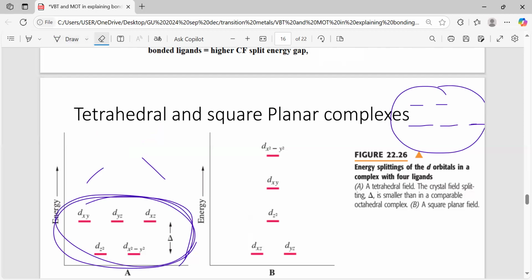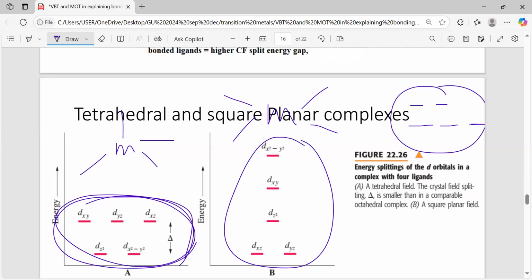Tetrahedral also has 4, but they look like that, like a Tetra Pak. But square planar is what you get like that. Metal, then it's square planar like that. Everything is on the same plane. It's flat. So when it's square planar, this is how the splitting happens.